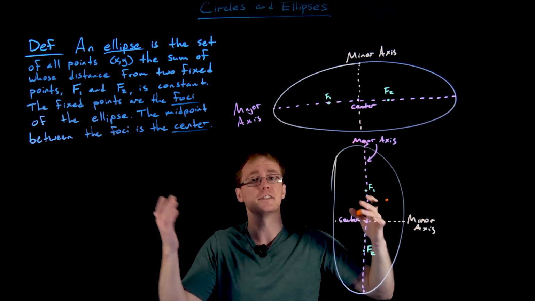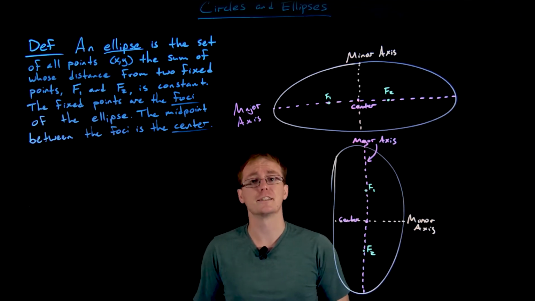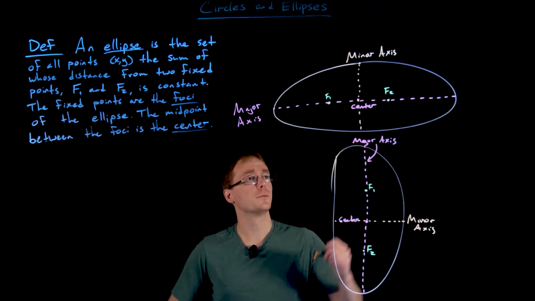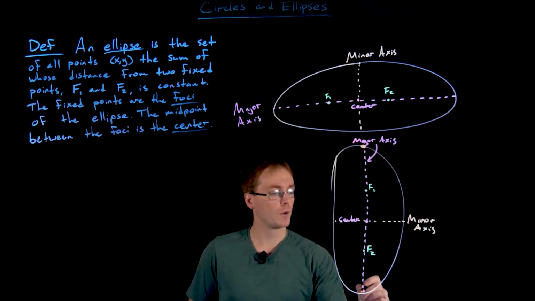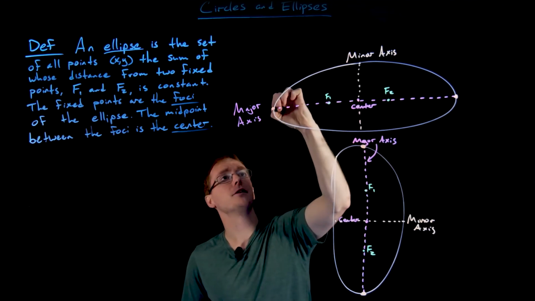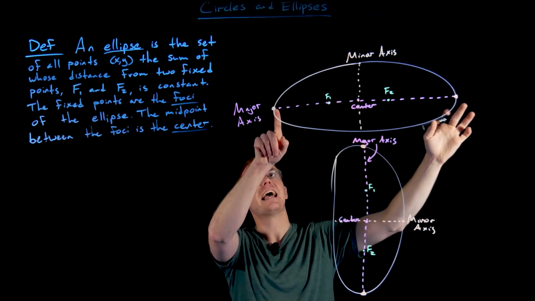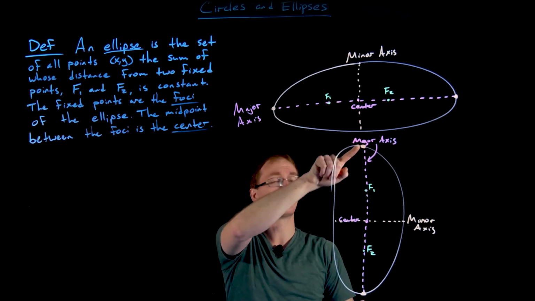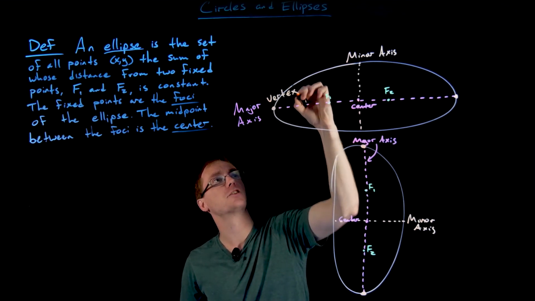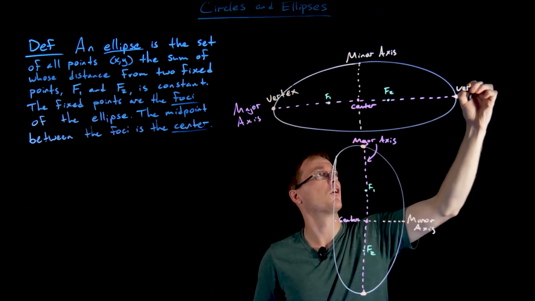The longer one is the major one. The smaller one is the minor one. They're very aptly named. And then one last little bit of terminology for now are these points that might show up when given descriptions of our ellipses. The points that are at the end of our major axis, depending on our orientation, are going to be referred to as the vertex or vertices of our ellipse.